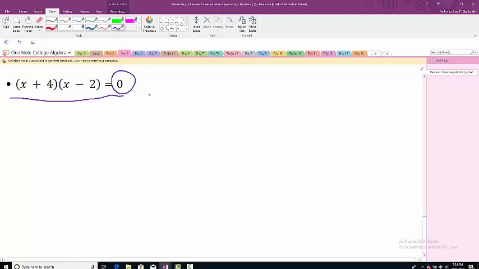So what we're going to invoke here is what's called the zero product rule. Product means to multiply. What it says is, when you multiply two numbers together, if you need them to be 0, then one of these numbers has to be 0.